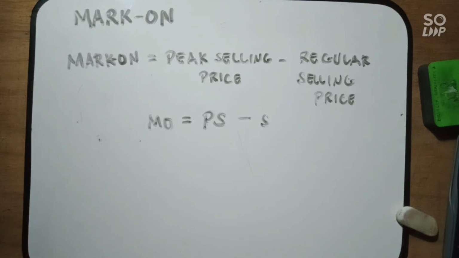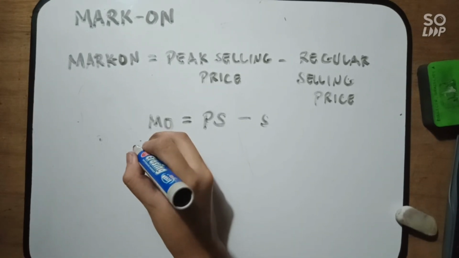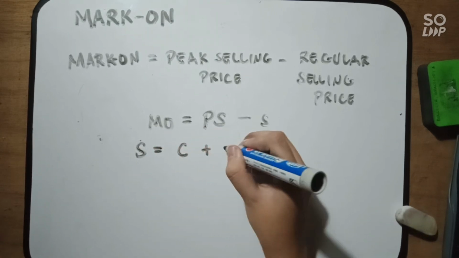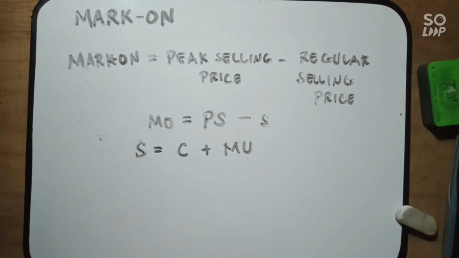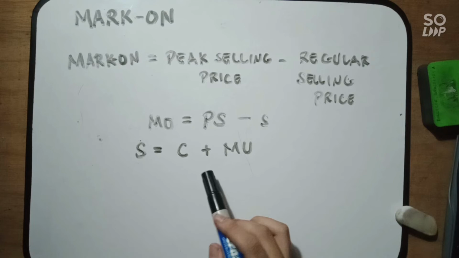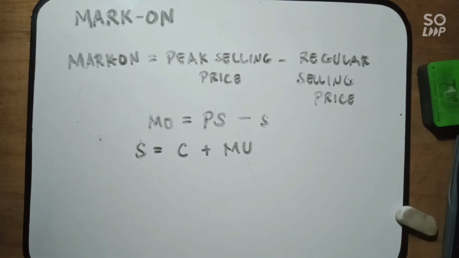So when a company sells a product, there is the selling price before the increase. For the selling price before the increase, the formula is S is equal to C plus MU, or the selling price is equal to the cost plus the markup of a product or services.